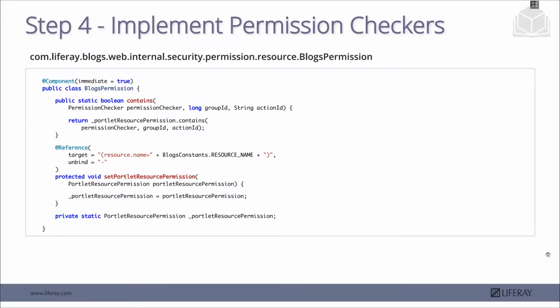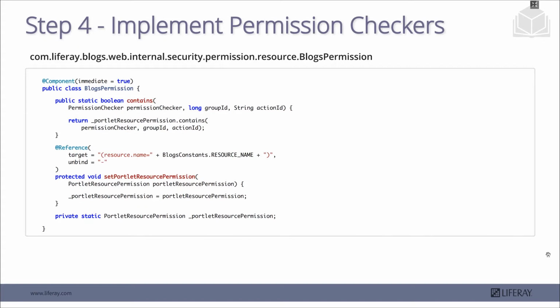And then step number 4, this is where we do permission checking. We will do a check using Liferay's permission checker to see, does a specific user have the proper roles and permissions to perform whatever sort of action they are trying to perform. This right here is an example of permission checking.